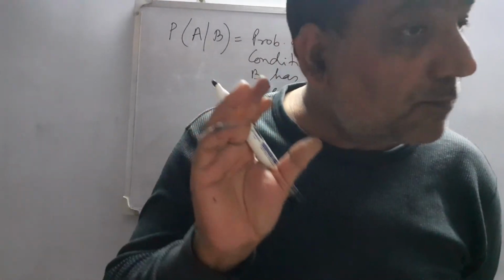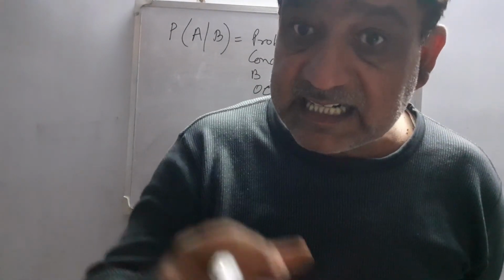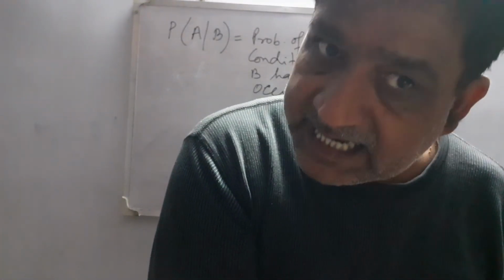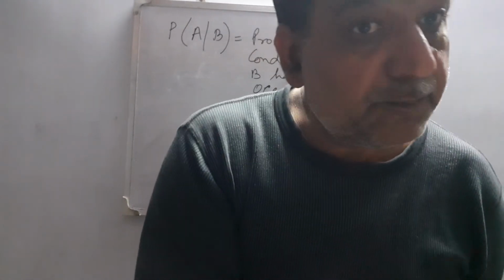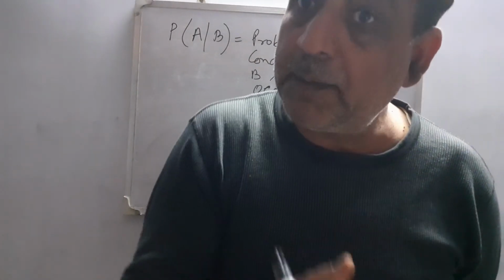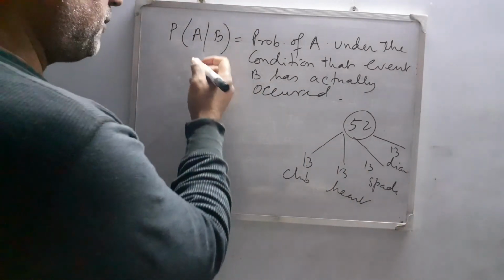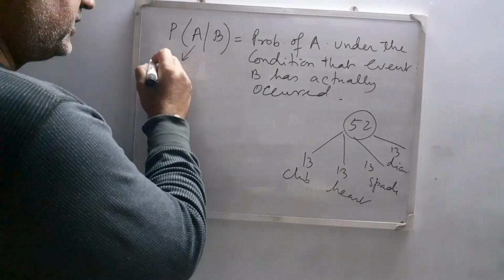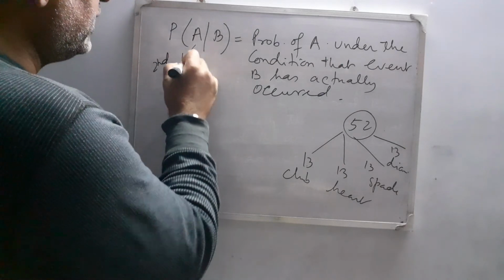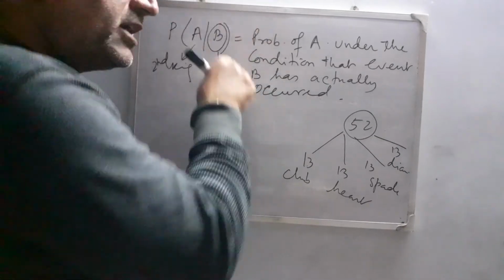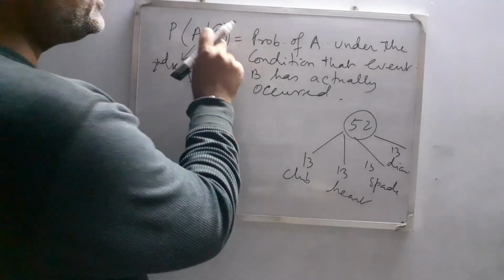So what you observe here is that the probability that the second draw will be a king depends on the first draw, whether the first draw is a king or not. In both cases we have different probabilities. So here is the case of conditional probability. B is the event that occurs first.